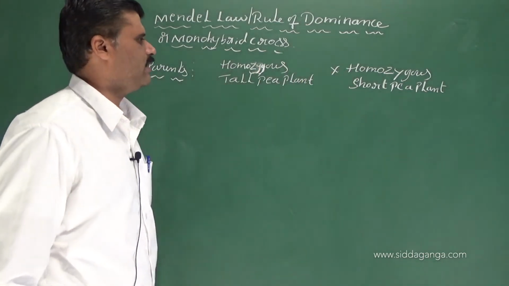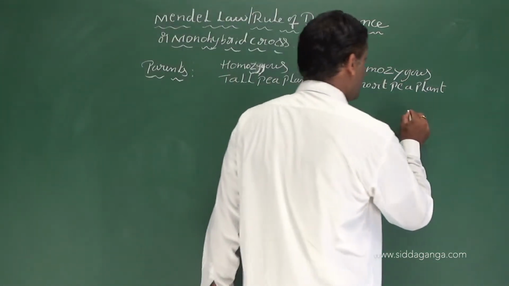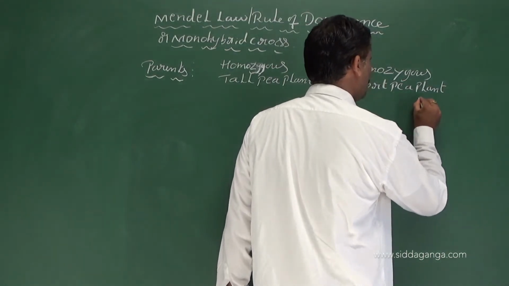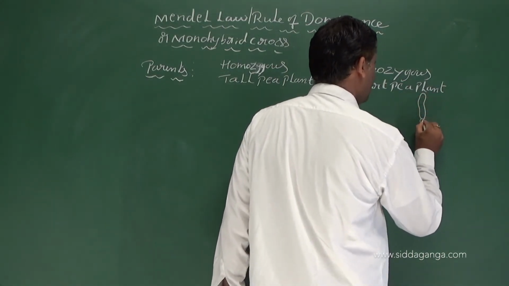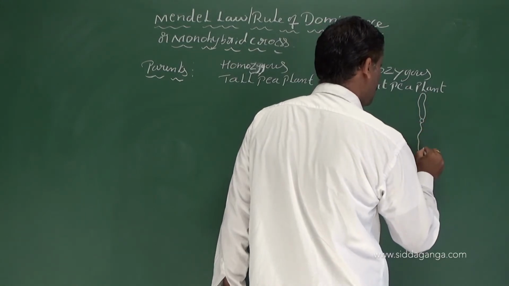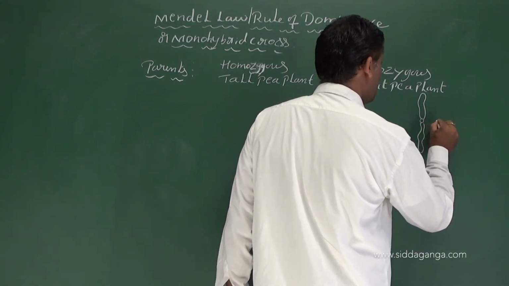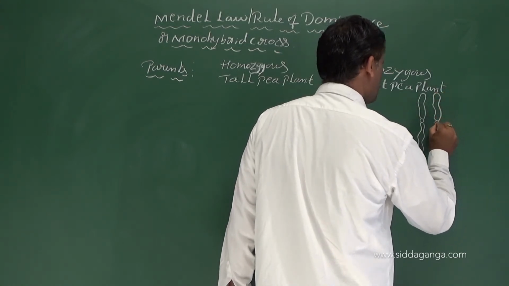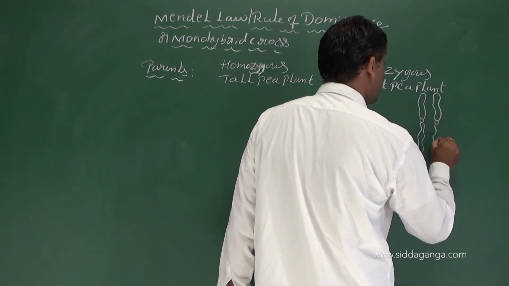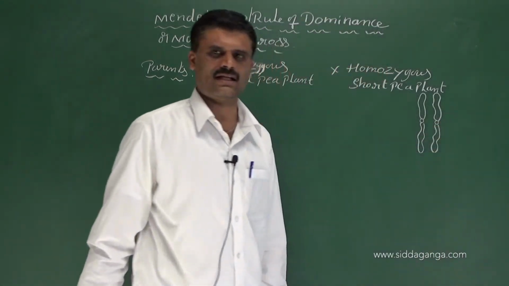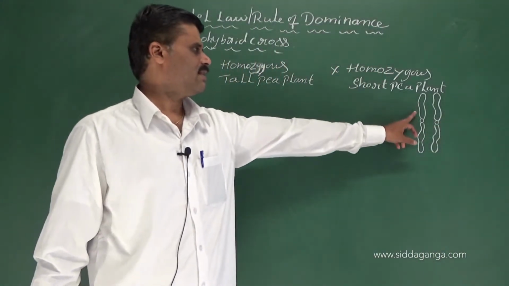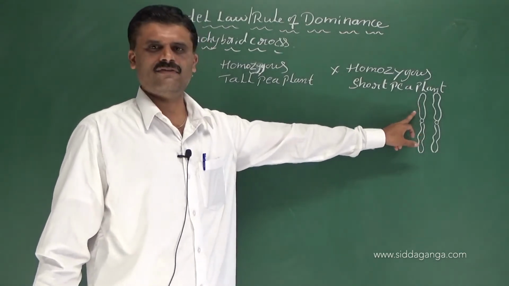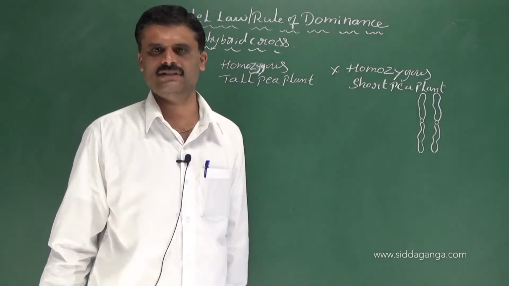Then what do you mean by homozygous? Homozygous means you know that the homologous chromosomes. What are homologous chromosomes? Homologous chromosomes are two chromosomes which are similar in structure, similar arrangement of genes and number of genes.